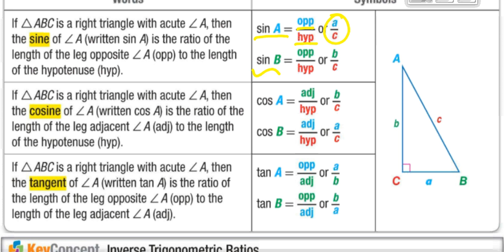Now notice what happens when we move to B. The hypotenuse is always the side opposite the right angle. Again, if I trace the right angle, the hypotenuse is not traced.